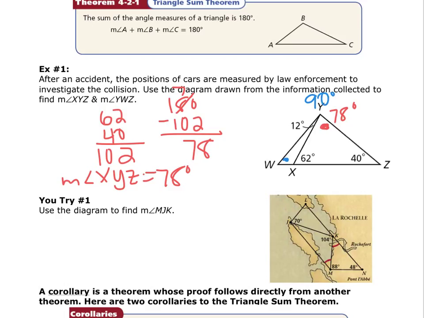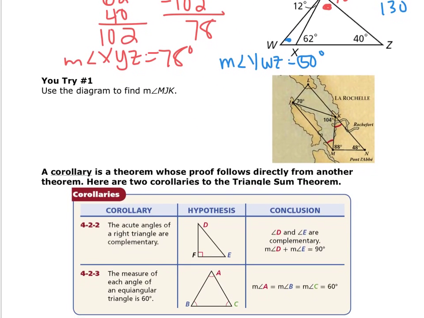So the entire angle Y is 90. So 90 plus 40 will give me 130. And I know that angle W over here has to be the leftover. So that will end up with 50 degrees. So the measure of angle YWZ equals 50 degrees.